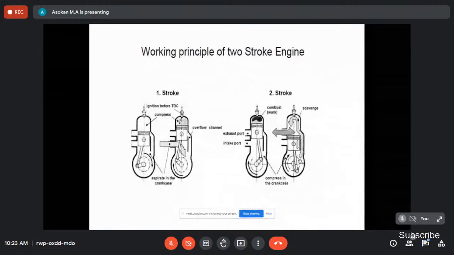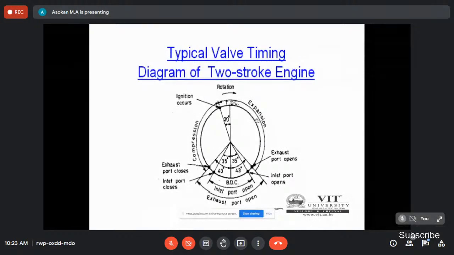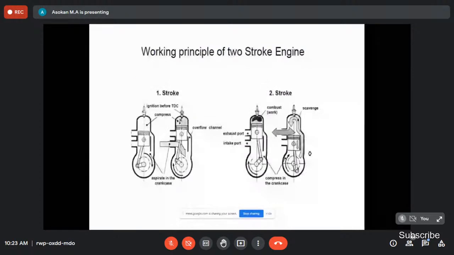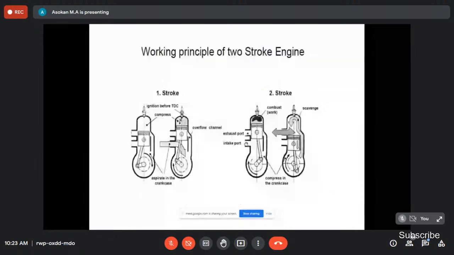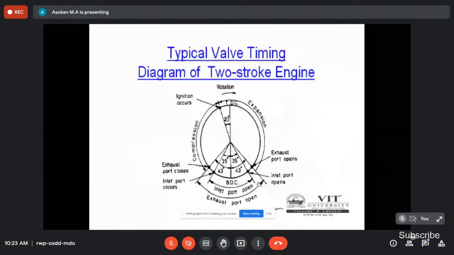See, that is one stroke and the upward stroke. Expansion: the piston moves from top dead center to bottom dead center. First it opens the exhaust port, then it opens the inlet port. Now the piston moves to the top dead center. Then see the intake port, how much distance is it opening, around 43 degree before TDC.